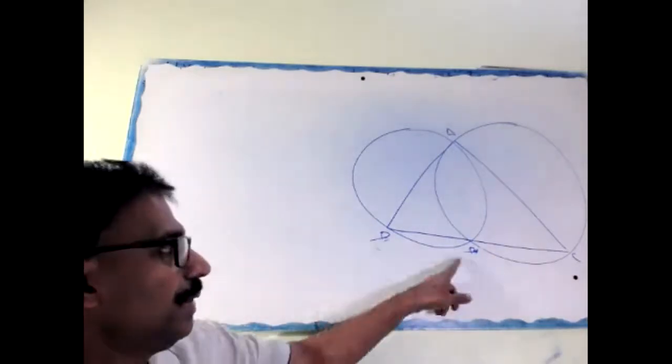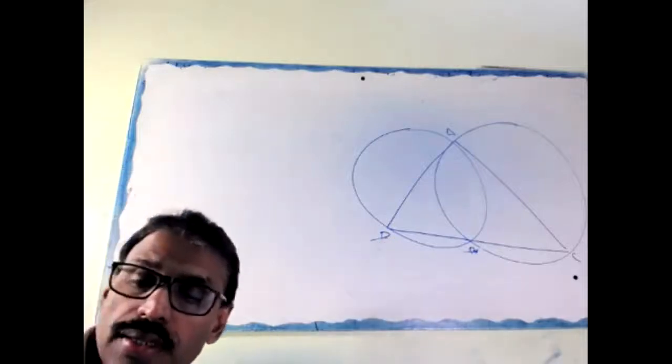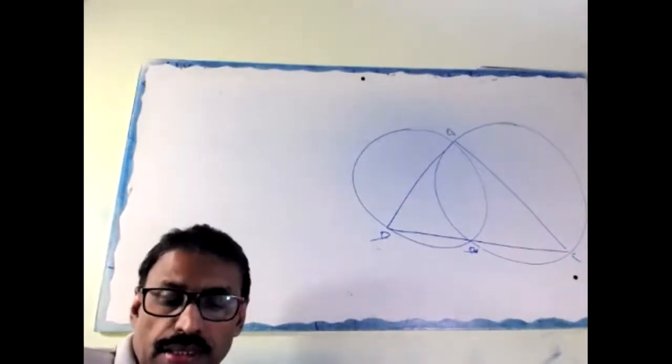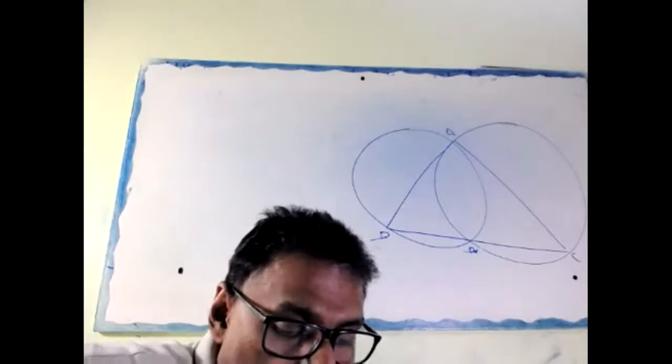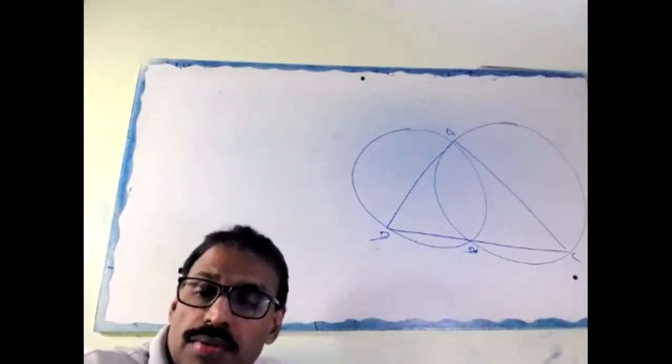Prove that DBC are collinear. Okay, try now.